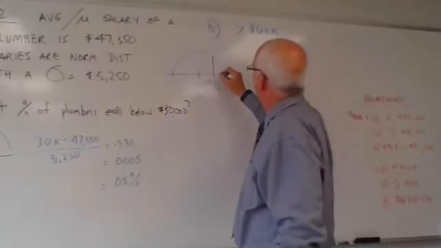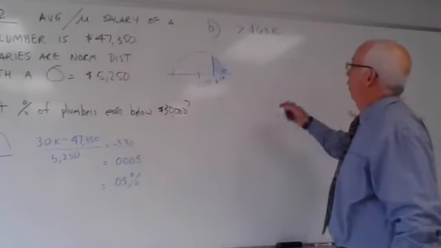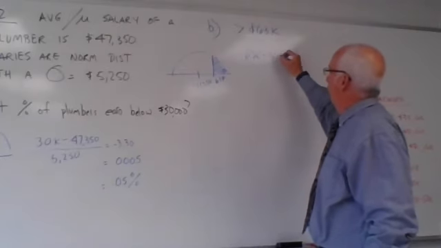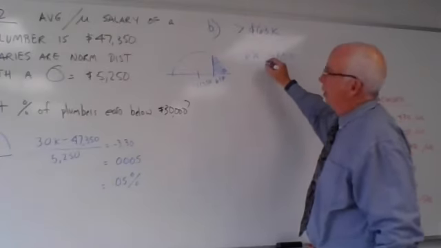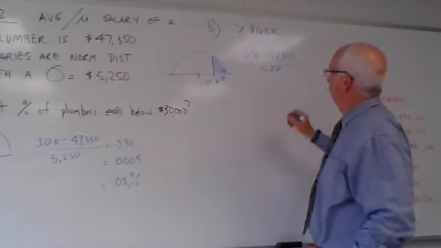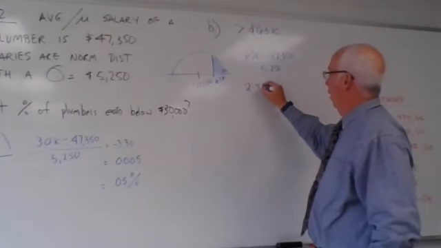And we're looking at 63K. It says more than that, so we're looking for this area. So we're going to do a little extra math because the table is going to give us this area, right? Same mechanics. So we got 63K minus the 47,350 over the standard deviation, which was 5,250. Okay, and if we do the math of all that, we come to 2.98.